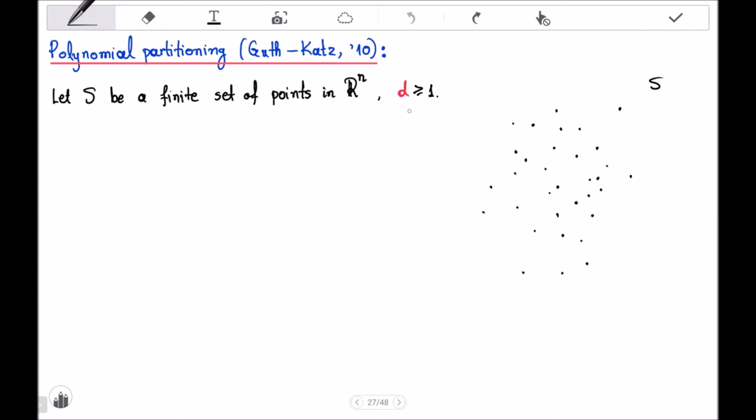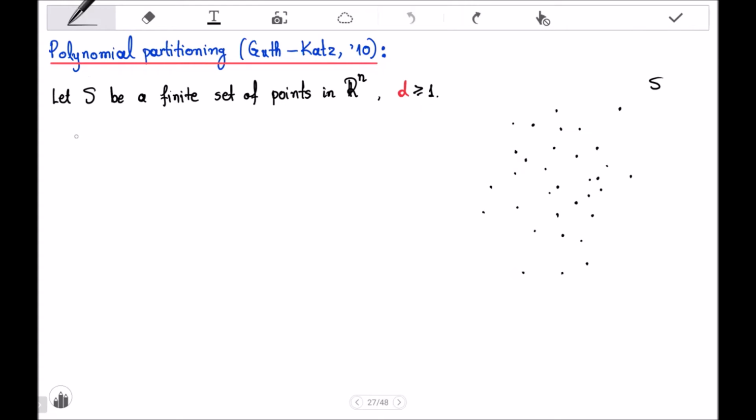And let's take now any degree that we like. So not the number of points to the 1 over n, any degree we want, any quantity that is interesting, that is small, that is at least 1, so that it can play the role of a degree of a polynomial.